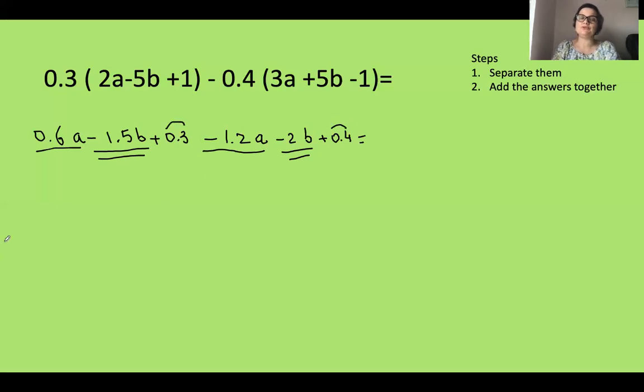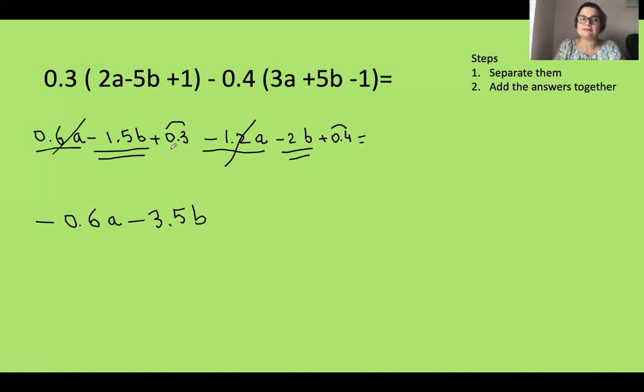So now we are going to add or subtract the like terms. 0.6a minus 1.2a is going to be minus 0.6a. We did this one, so let's cross them out. Minus 1.5b minus 2b becomes minus 3.5b, because it's minus and minus, again minus.